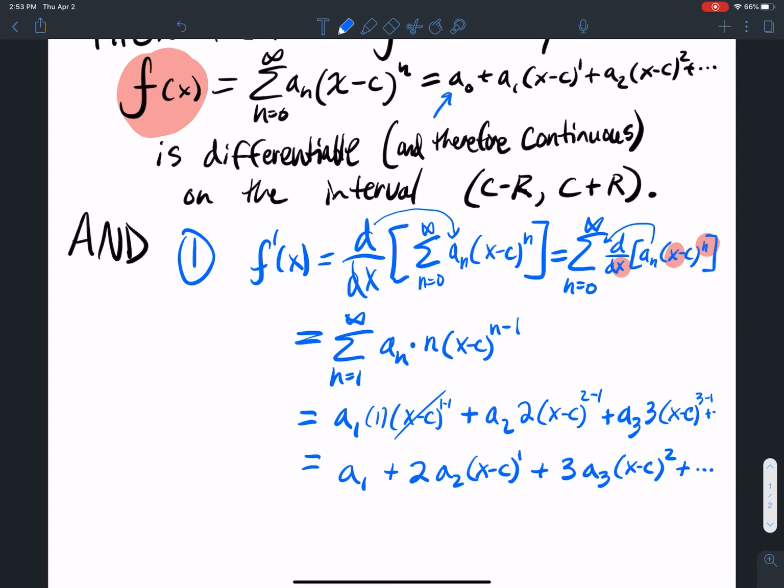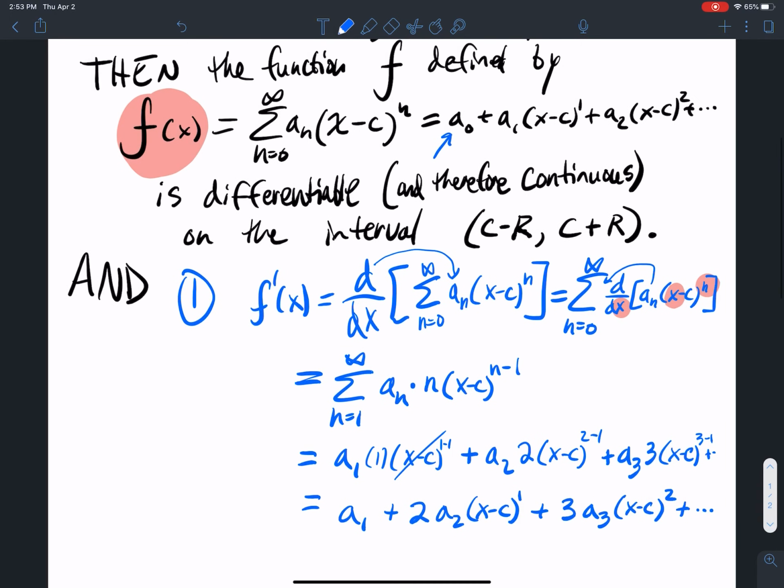You guys see how if I look at this function up here and I take the derivative term by term, what am I getting? Well, this is 0. The derivative of x is just 1, so that's plus a1 times 1.